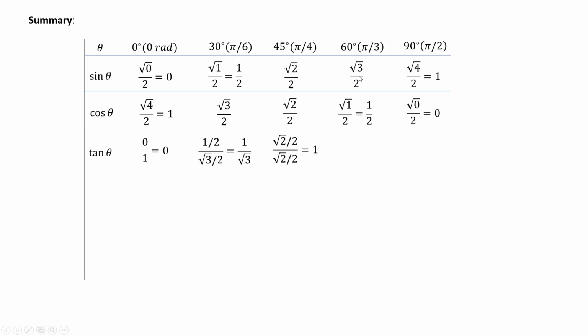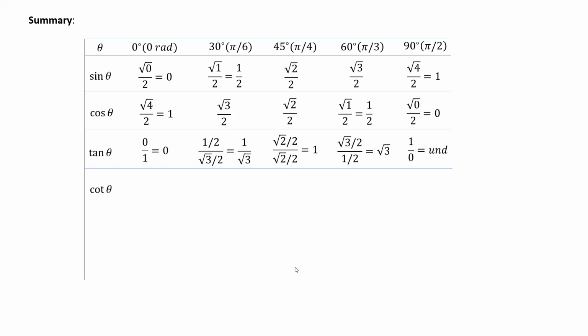Whereas here, square root of 3 over 2 over 1/2, the 2's cancel, you get square root of 3. 1 over 0 is undefined. So, for tangent, all I do is recall what sine and cosine are, and based on that figure out tangent theta as sine theta over cosine theta.